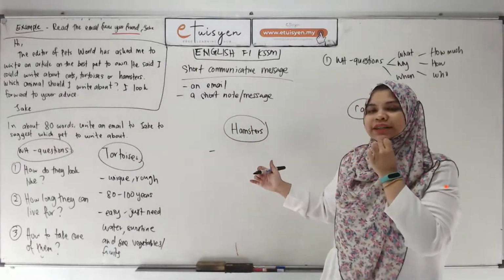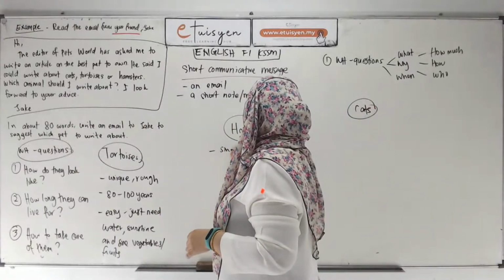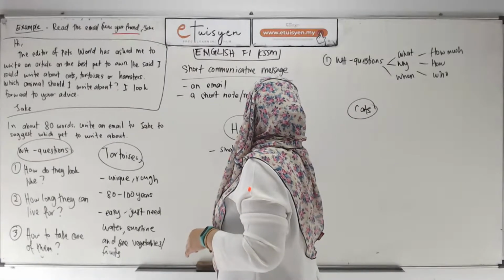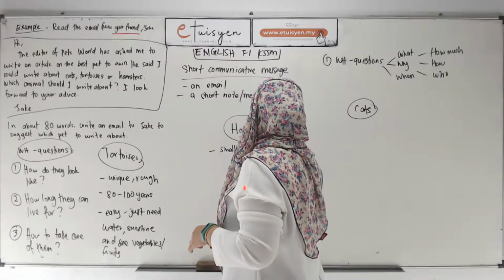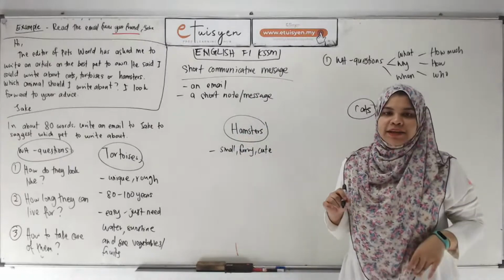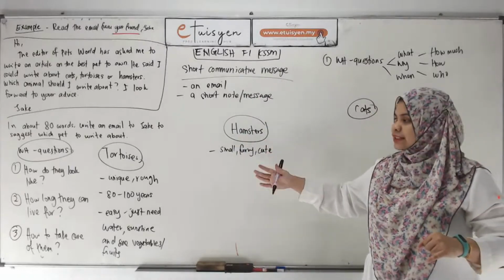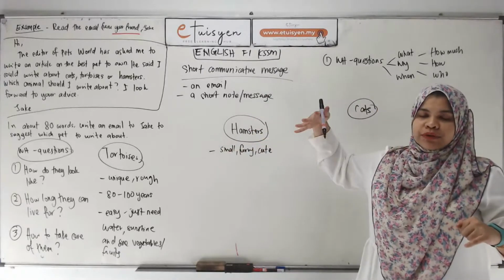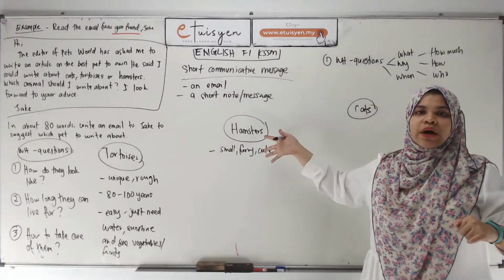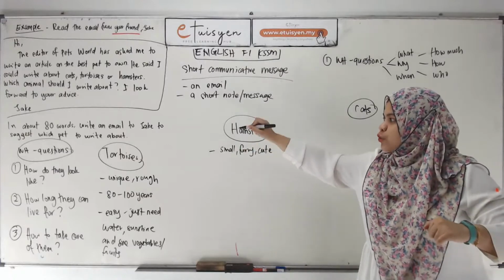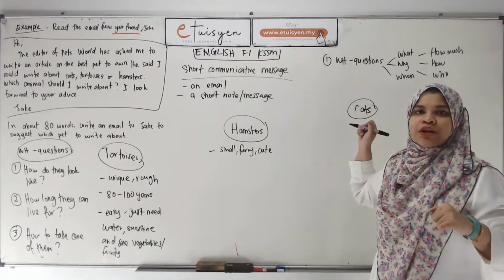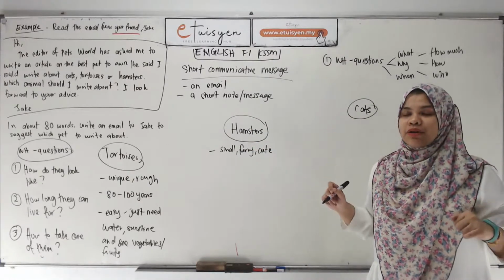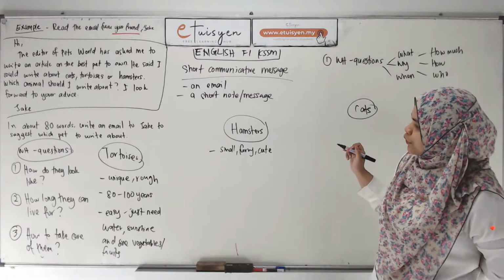Okay, so hamsters, small, furry, cute. Okay, so you can add more. This is just me starting the points for you to identify or to testify why should Jake choose each of these pets to write an article about.